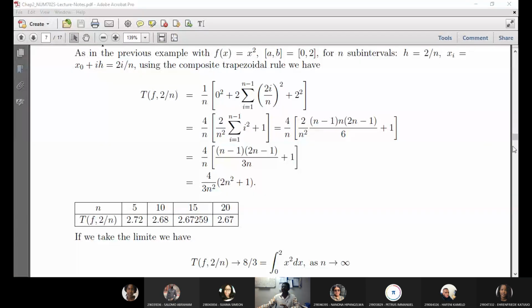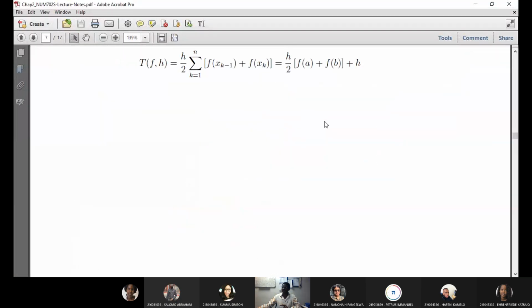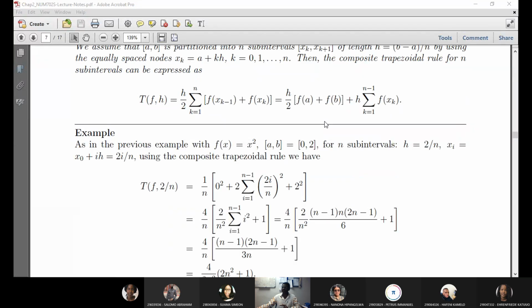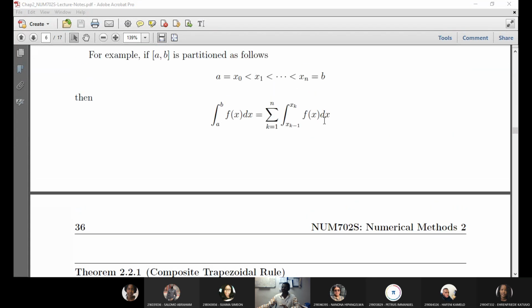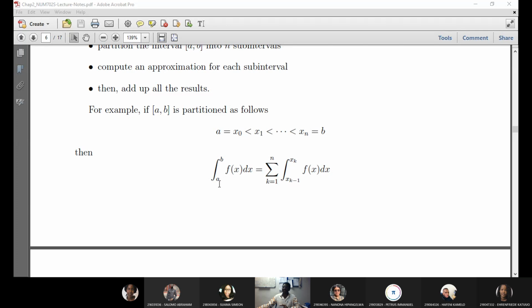So let us look at what we did with the Simpson rule. Sorry, I said Simpson. I mean the trapezoidal rule. For the composite rule, we saw that the original interval AB can be partitioned, and to each subinterval of the partition, x sub k minus 1 to x sub k, you can apply the rule to this smaller subinterval.